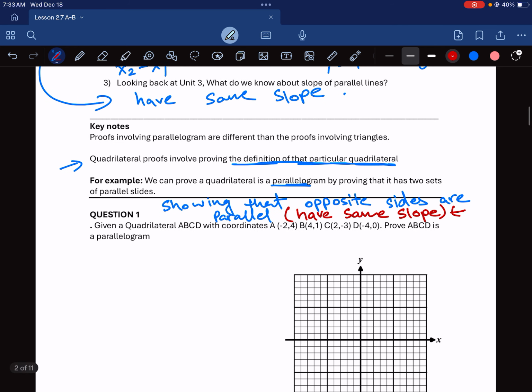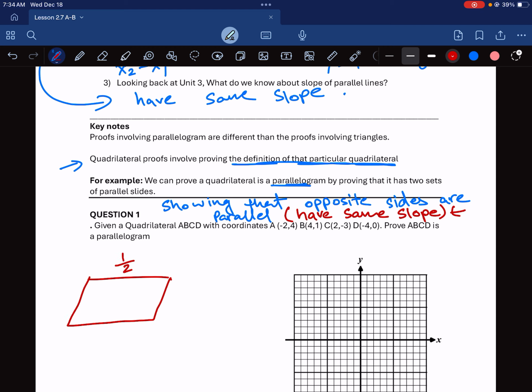For example, let me give you an example. Let's say we have, actually, let me draw a different one. Let me draw it like this. All right, so let's say we have this parallelogram right here. The slope of this is 1 over 2.